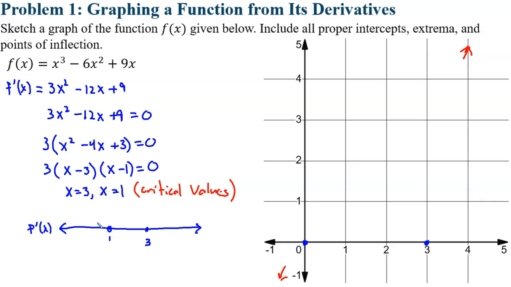We want to decide what the signs are on these different intervals between those zeros. We could plot points, or we could just use the fact that we know this is a positive quadratic. I know it's going to look something like this. So our derivative will be positive to the left of 1 and to the right of 3, and negative in the middle.